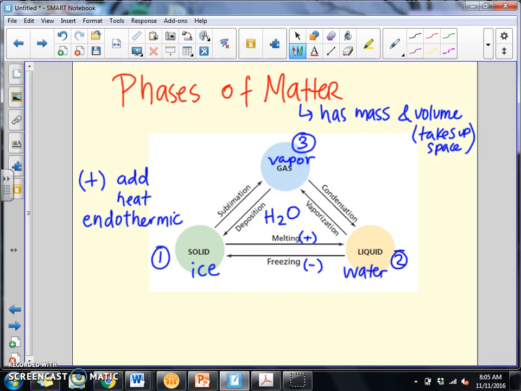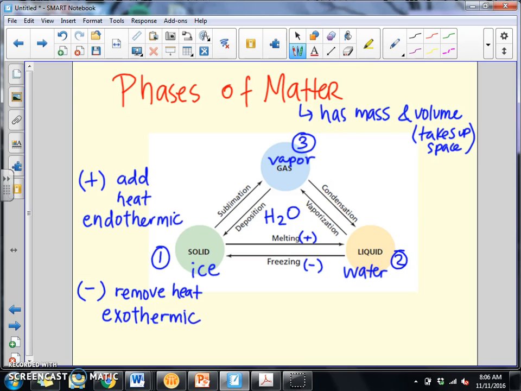And we're going to say that negative means to remove heat. And if you're removing heat, that means heat is exiting your system, which, you guessed it, makes it exothermic. So we're just going to make sure we all know our definition of endo and exothermic processes.